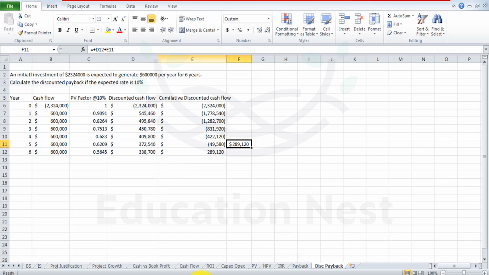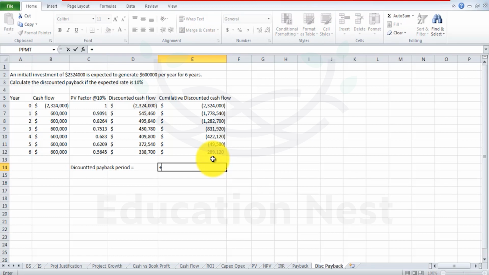So we're going to compute the fraction amount here. That is, the discounted payback period will be equal to 5 years plus $49,580 divided by $338,700.